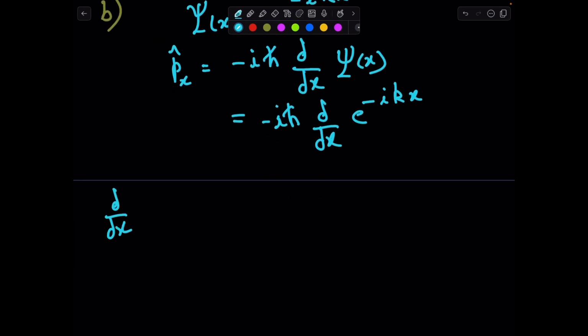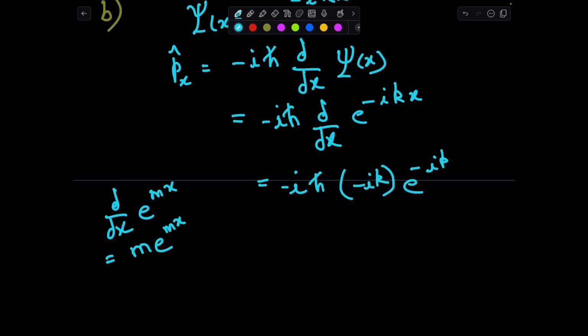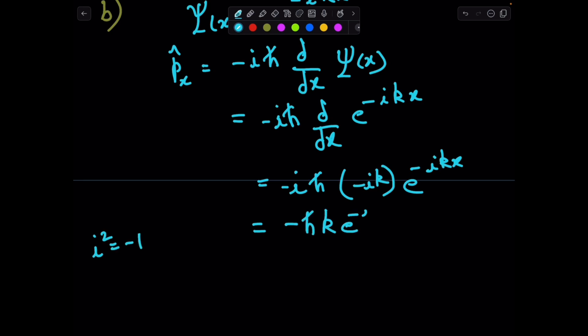Since dou by dou x of e to the power mx equals m e to the power mx, we can say this is minus i h cross times minus ik times e to the power minus ikx, which is equal to, with i squared equals -1, h cross k e to the power minus ikx... which gives minus h cross k psi.